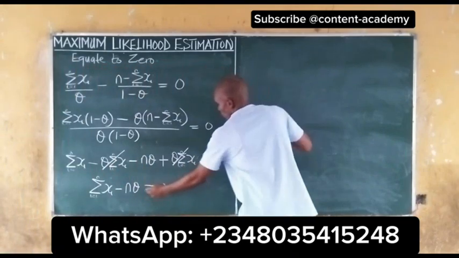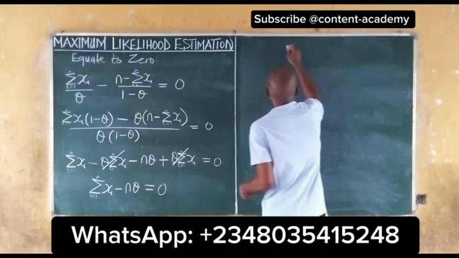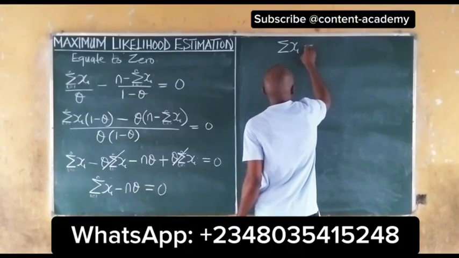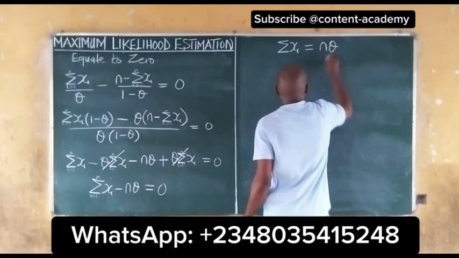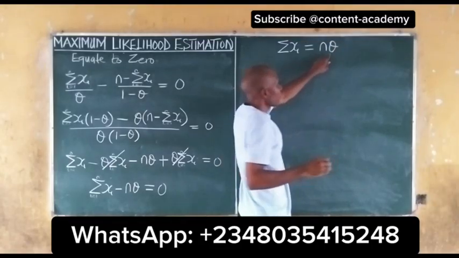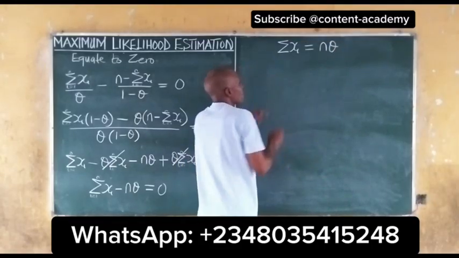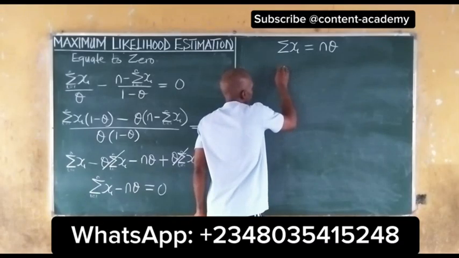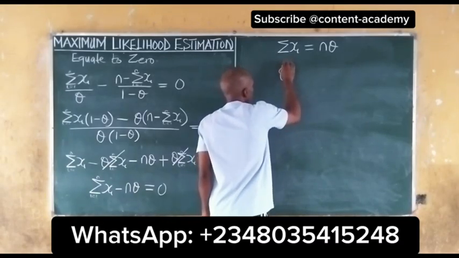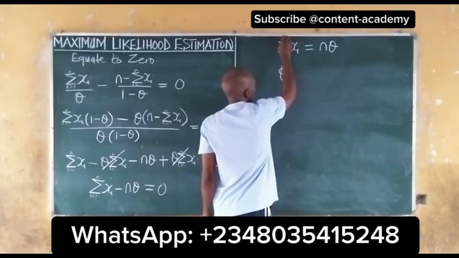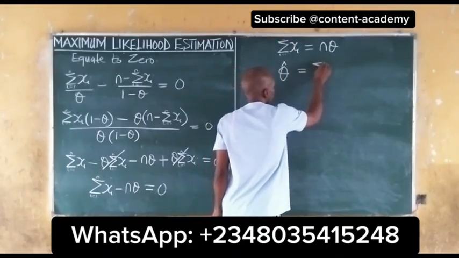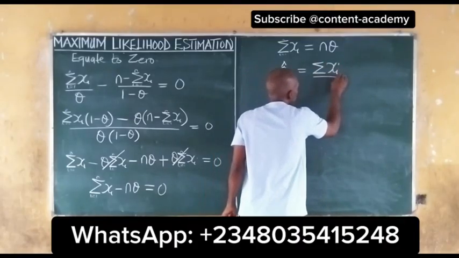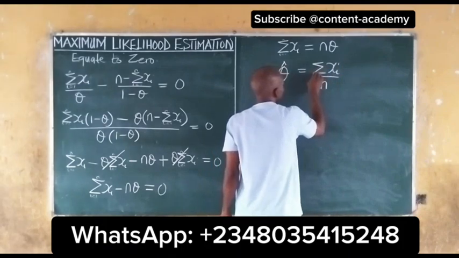Now, this can move over to this other side of the board to give us summation of xi to be equal to n theta. Now, we can make theta the subject of formula. If we make theta the subject of formula, we will have theta estimate to be equal to summation of xi all over n.